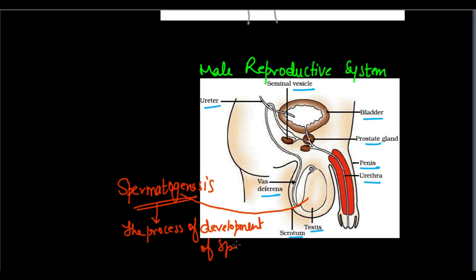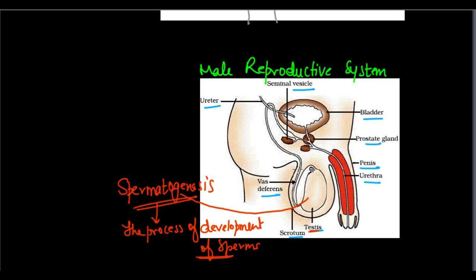It is the place where the formation and the growth of sperms takes place, right? Therefore, we call the testis the functional unit of the male reproductive system in human beings. It has a similar function as that of the ovary in the female reproductive system.